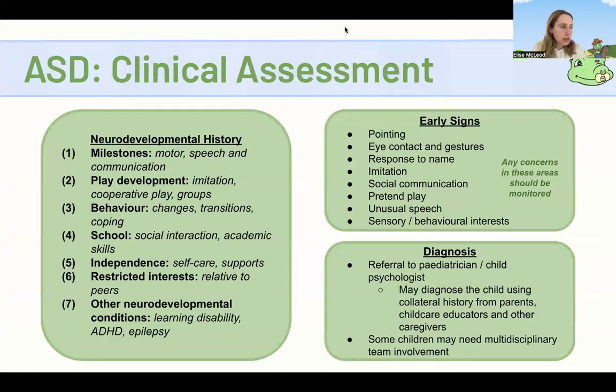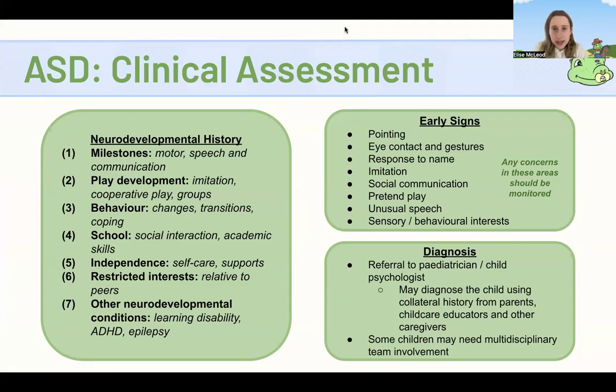In terms of a clinical assessment for these children, the diagnosis comes in two parts. First of all, there's an assessment of function, and then there's also a medical evaluation. The assessment of function might be done by an allied health practitioner, somebody like an OT, potentially a child psychologist, and it's often looking at characteristics and strengths and skills in the child's activities of daily living.